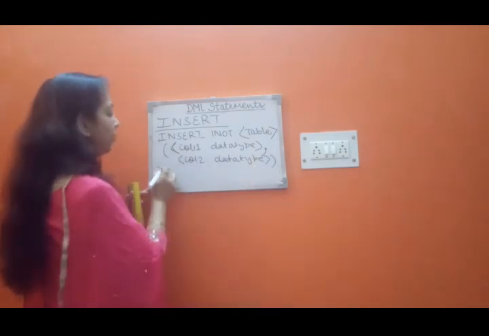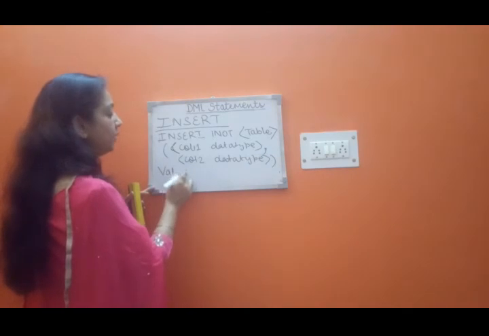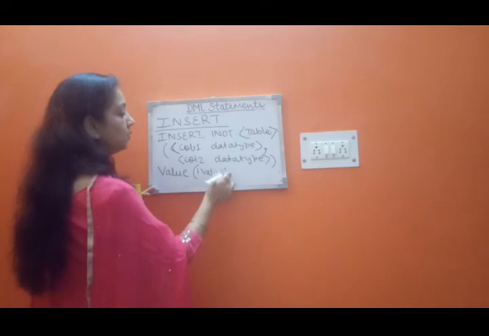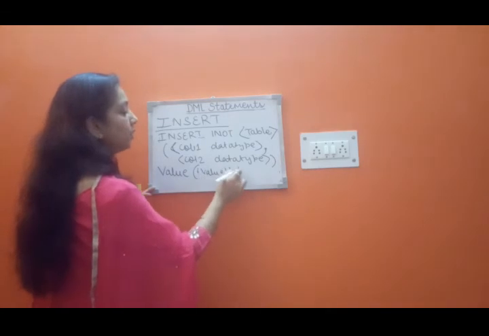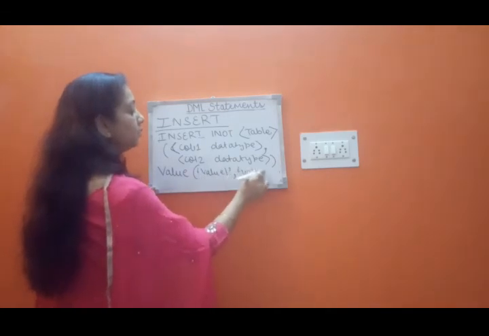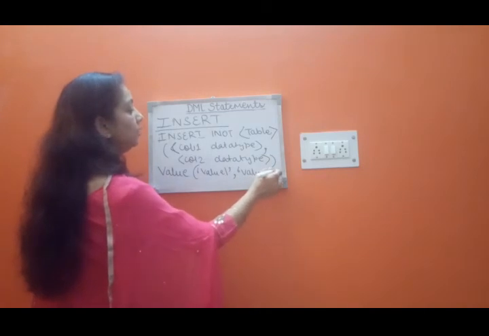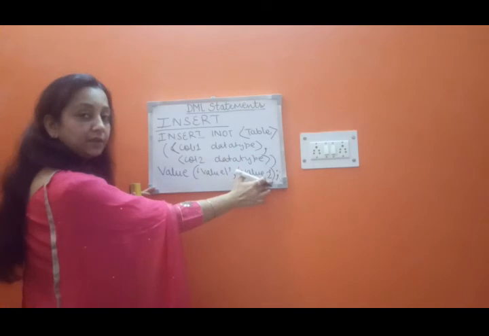And then what values do I want in that? Value 1 for the first column, then value 2 for the second column, and so on till the nth column, value n, and we end with a semicolon.